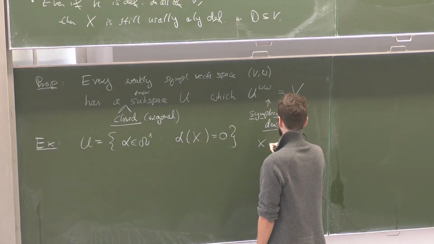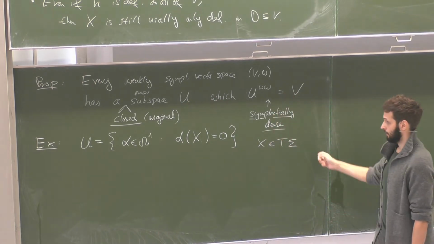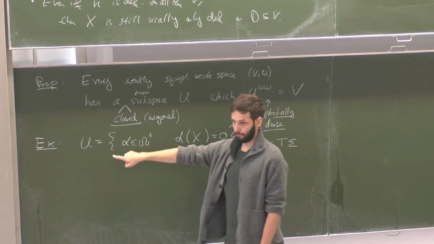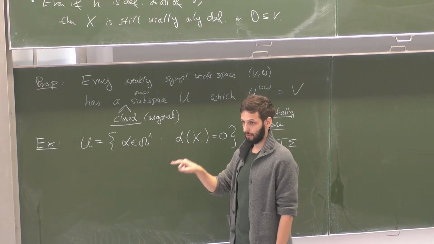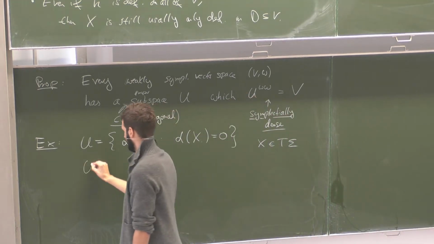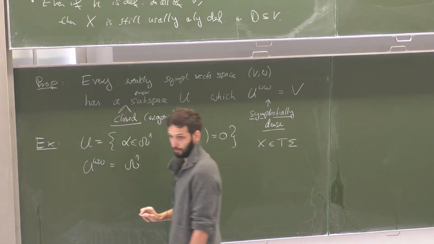So x is a given tangent vector at some point, and you consider all alphas that vanish when paired with it. If you calculate with respect to the integral, then the integral just doesn't see this condition, and what you get is that the symplectic orthogonal double of that gives you all one forms.